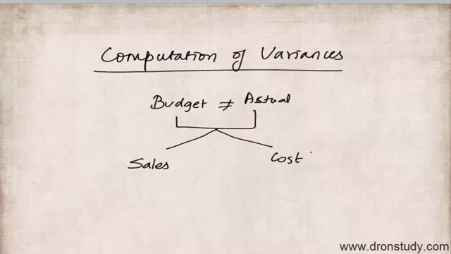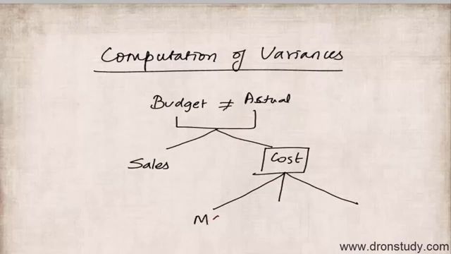So in this session, we are going to focus more on cost variances. And why can there be cost variances? It may be because of three reasons. Number one, there is a variance in material cost. Number two, there is a variance in labor cost. And number three, there is a variance in overhead cost.